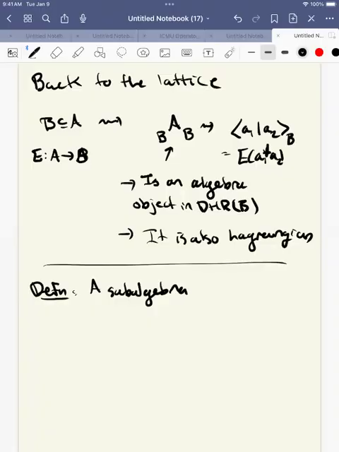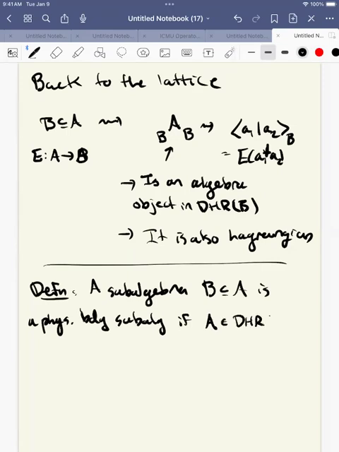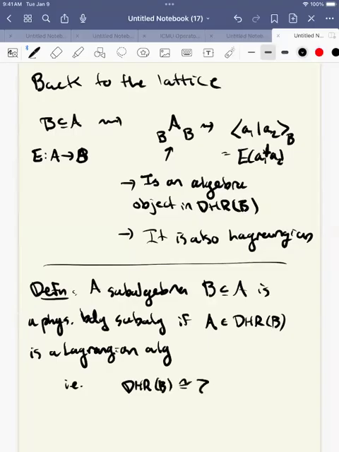But a subalgebra B inside A is a physical boundary subalgebra if A is a Lagrangian algebra in DHR of B, which in particular implies that DHR of B is the Drinfeld center of something, i.e. DHR of B is the center of C, where C is just the category of A-modules.